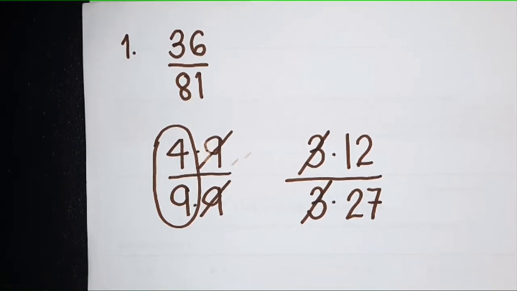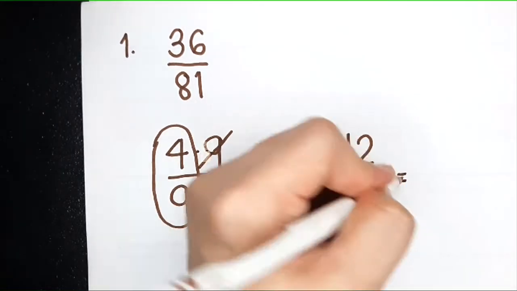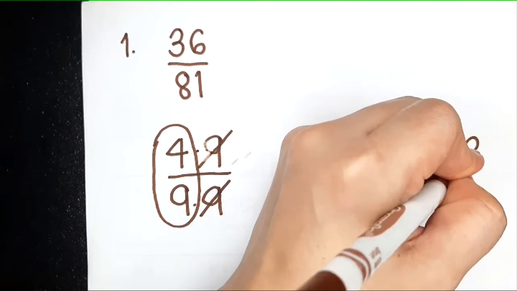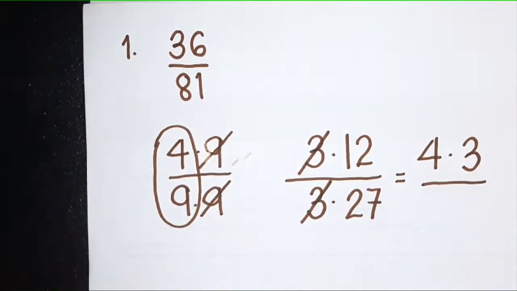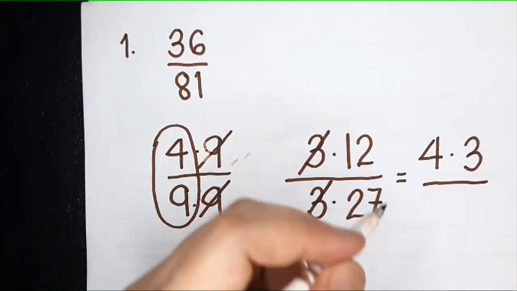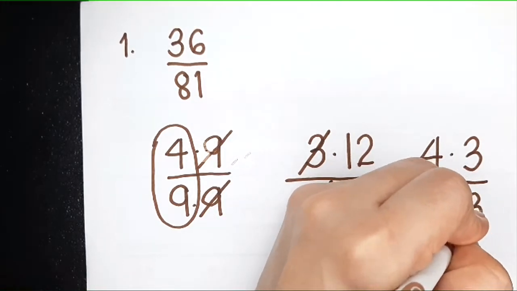So you try to factor further. How? You see, it's 12. You can factor this as 4 times 3, right? What about 27? You can still factor that. 27 is equal to 9 times 3.